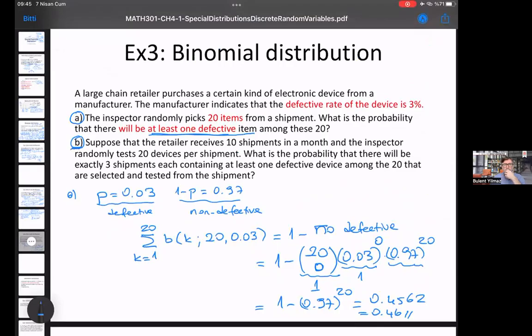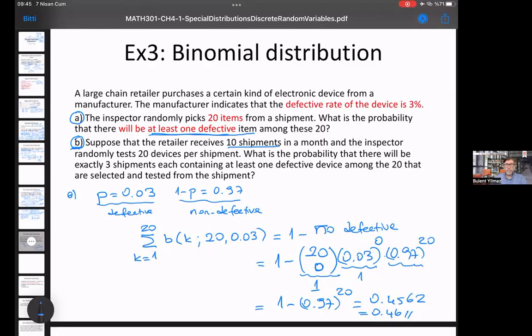What does it say? Suppose that the retailer, perakendeci, receives 10 shipments in a month, and the inspector randomly tests 20 devices per shipment. Shipment means cargo, okay?